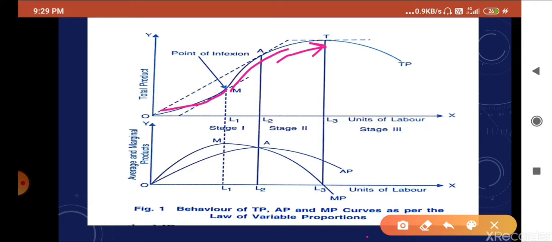So there is no change, that is the optimum stage, where MP will be 0. And afterwards if we continue applying the variable factor, we have applied 10 and 11, so it goes from 880 to 770, meaning it starts declining. So this is the first condition for all three stages. I have explained TP in the first stage, second stage and third stage. I hope it is clear.